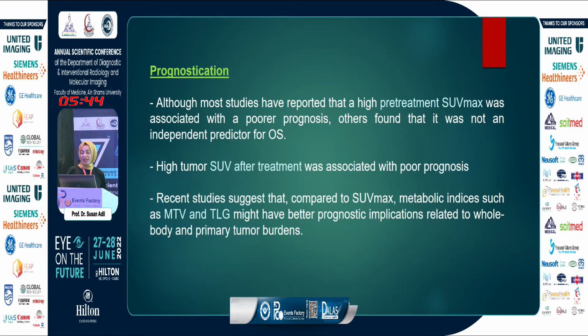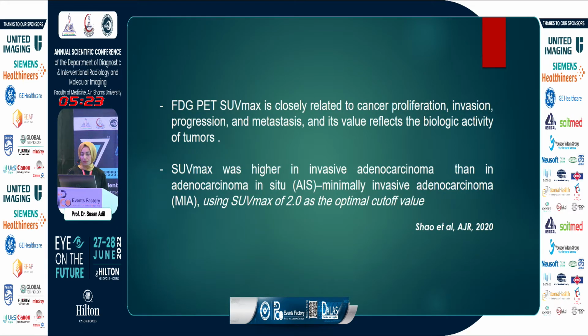Usually, pre-treatment SUV max is associated with poor prognosis, but post-treatment high SUV max is more associated with poor prognosis, and recently other indices such as MTV and TLG have more prognostic implications than SUV.